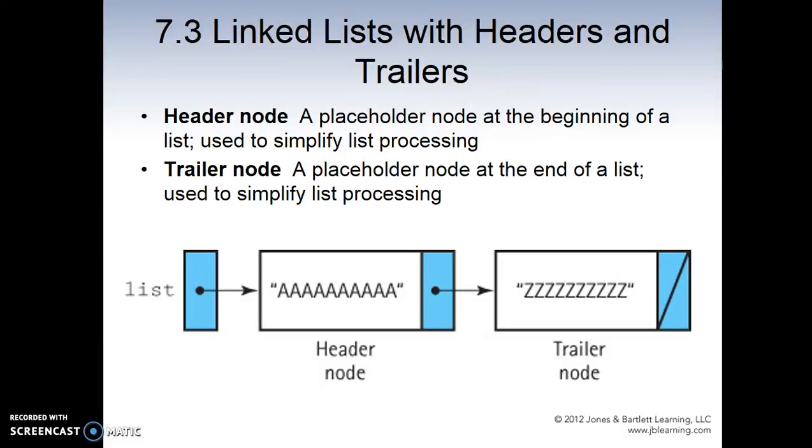So what's the benefit of using the placeholder, header, and trailer? The benefit of having header and trailer is when you write code, you don't have to worry about: is this an empty list? Is this removing from the end, or removing from the beginning?